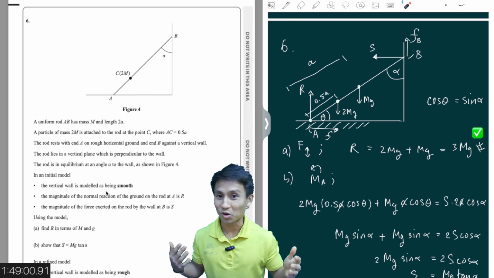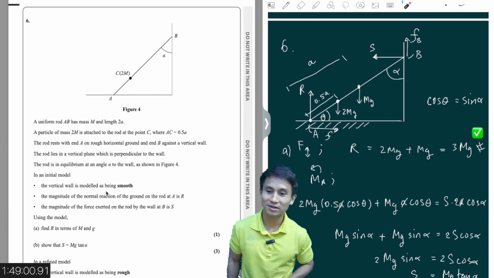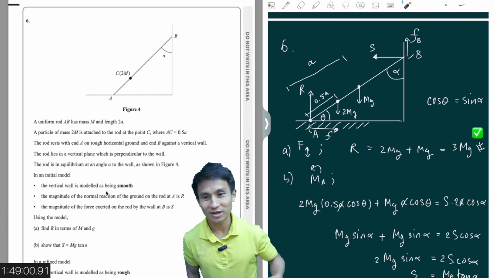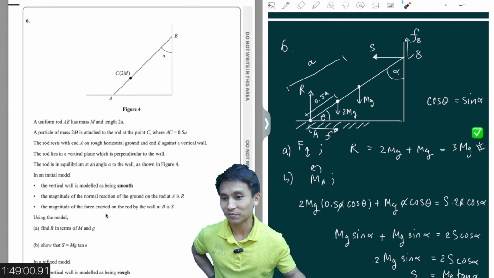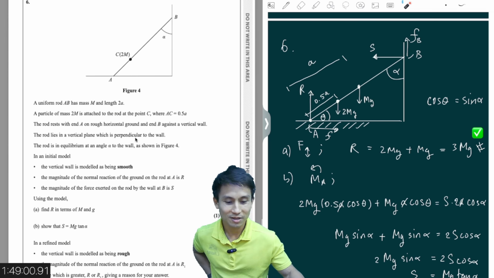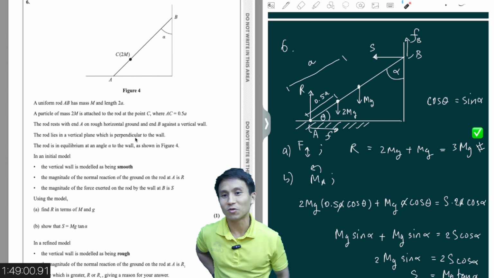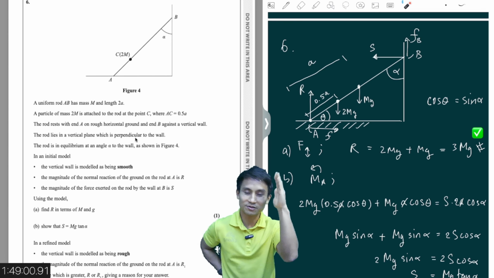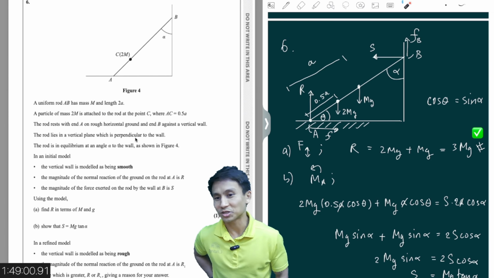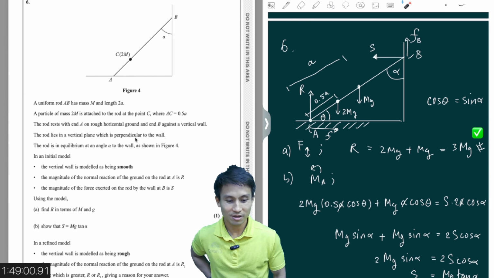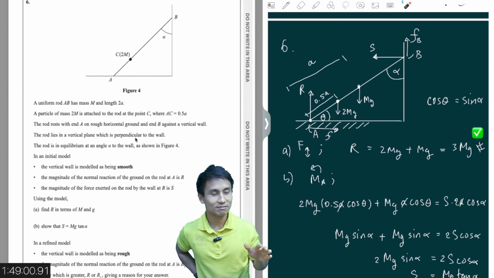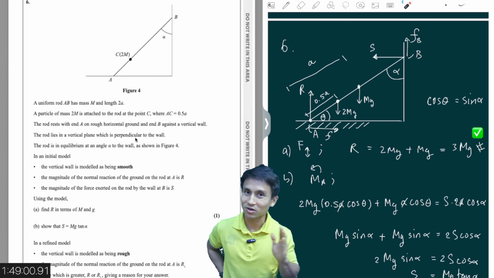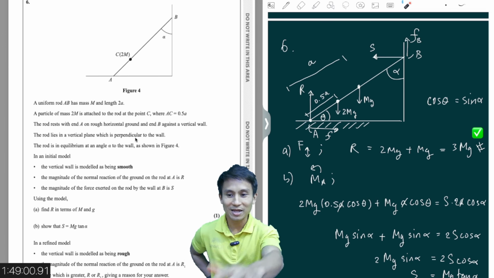Sometimes you need to do moments first, but in this question, I needed to do vertical force first to find R in terms of M and G, because R is directly involved in vertical equilibrium. R is the vertical reaction at point A. So I did that, and once you use that, you're not going to use vertical force again on this part.